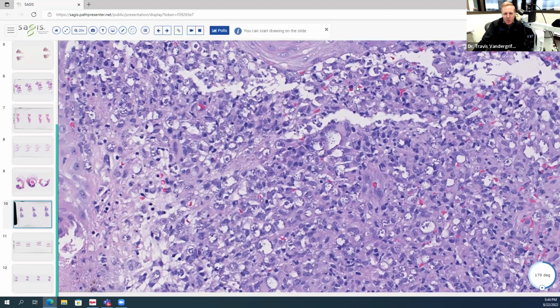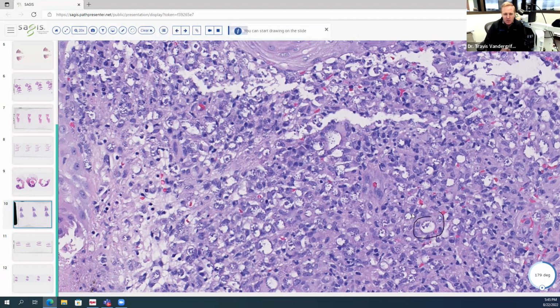An erythrocyte or a lymphocyte will measure approximately 7 microns in diameter. So these organisms are like a fraction of that. So maybe like 1 or 2 microns. They're super small. And it looks like they're in the cytoplasm of these histiocytes.